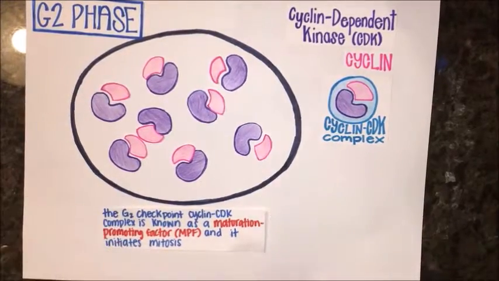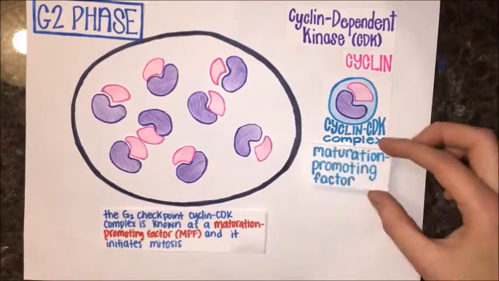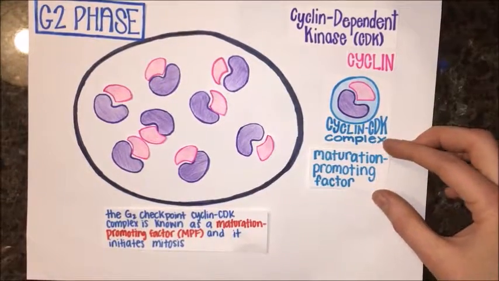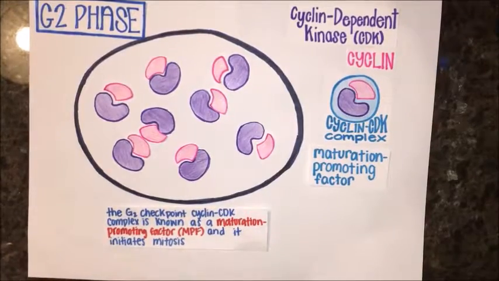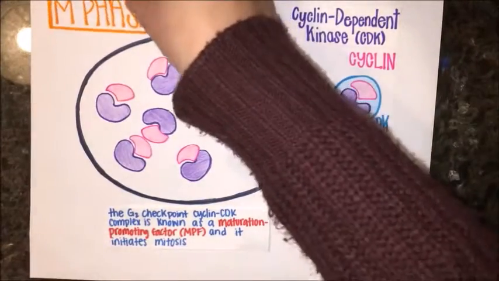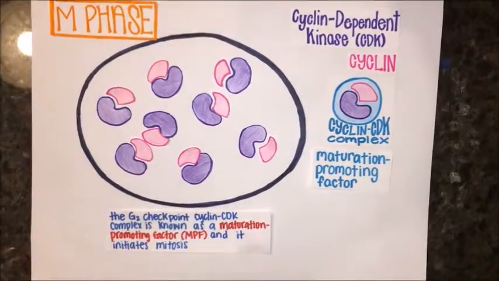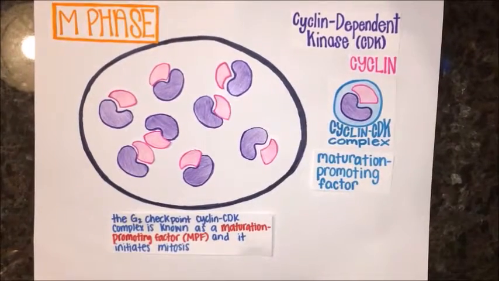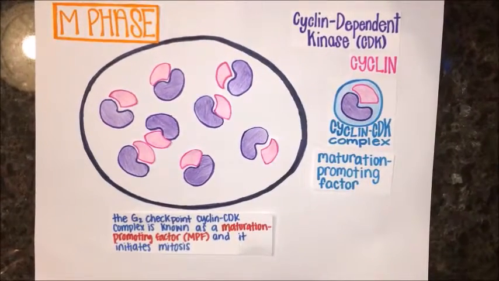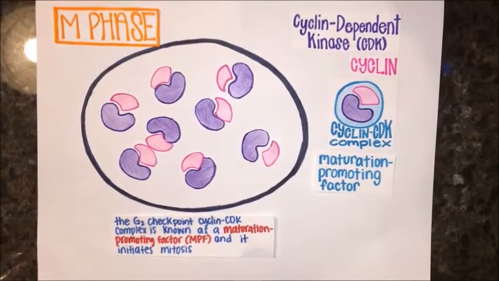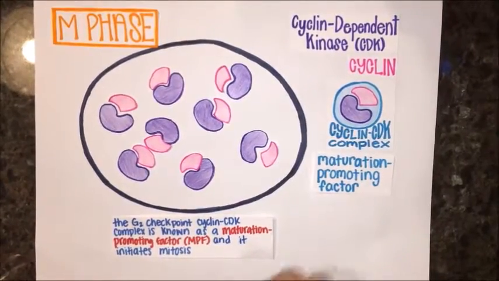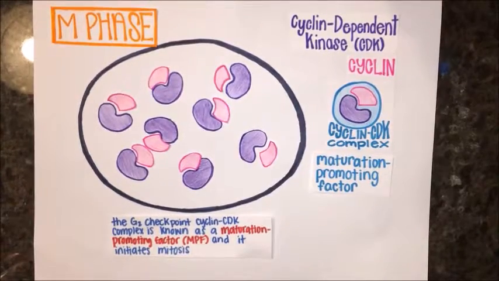They're called maturation promoting factors, or MPFs, and they initiate mitosis. So once the process has been repeated, it goes into M phase, where the cell divides. And there are many different types of cyclin, and each phase uses a different type so that the cell knows what phase it's in and what it's supposed to be doing.